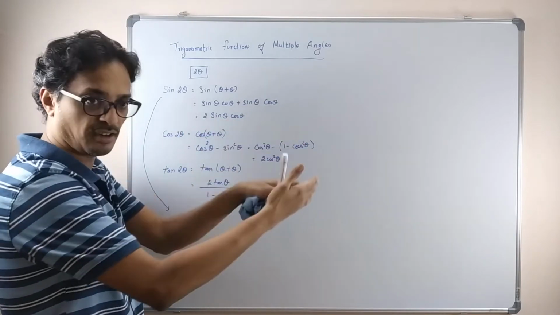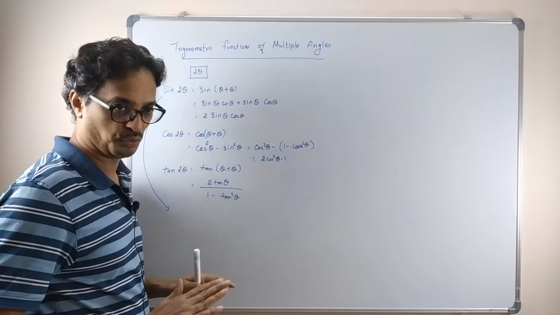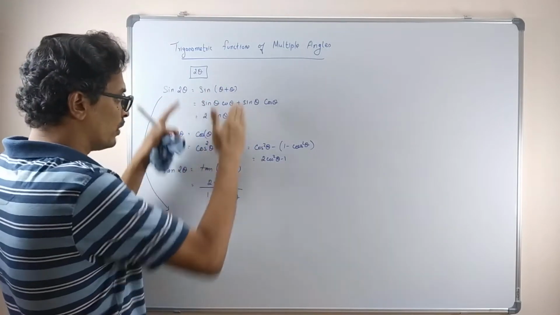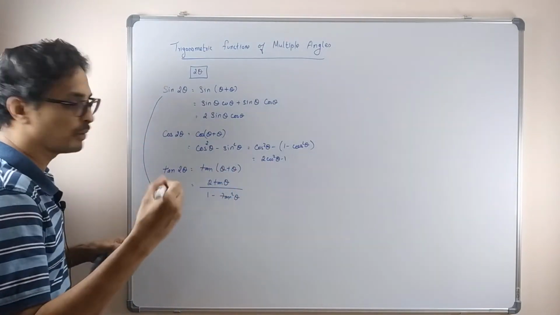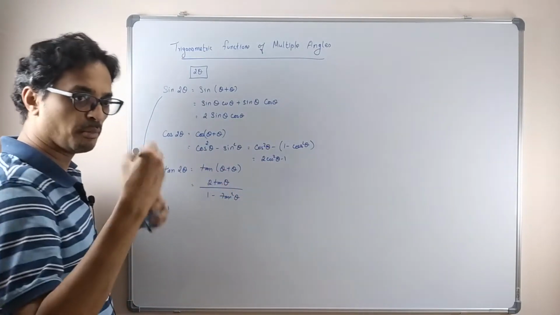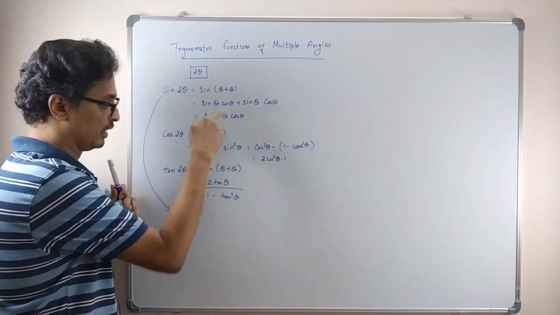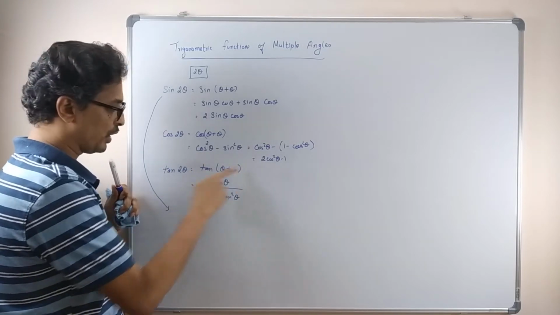If there's a cos, sine or tan, you have to use the particular formula accordingly. There's no need to memorize all the methods. If you know one formula, you can actually get back all the formulas. But to do problems fast, it is better to memorize some of the formulas. Here, mainly this is an important formula, and this is also important. From here to here, it's very simple. And this is also important.